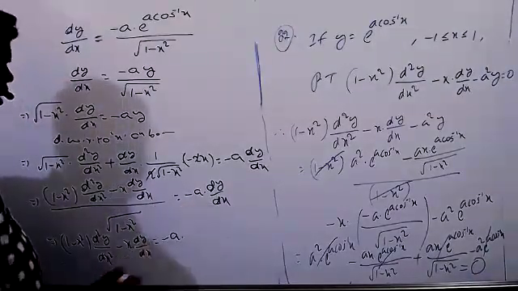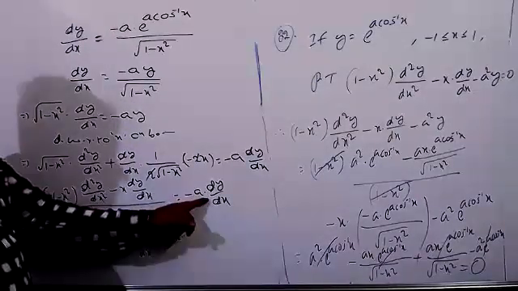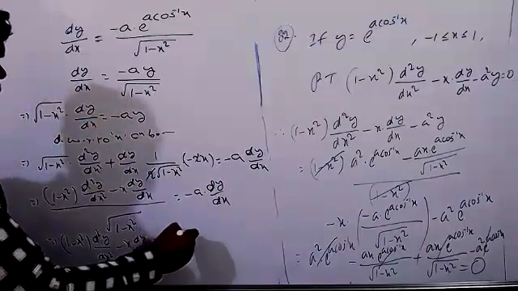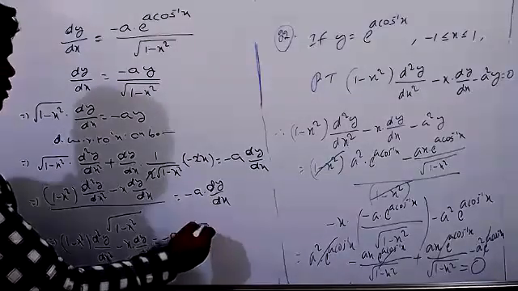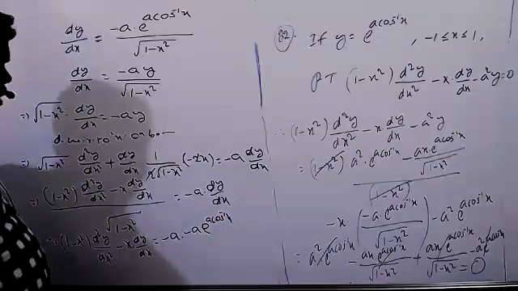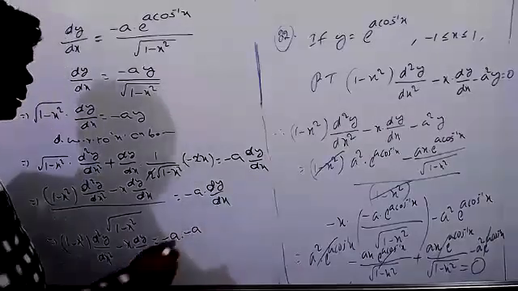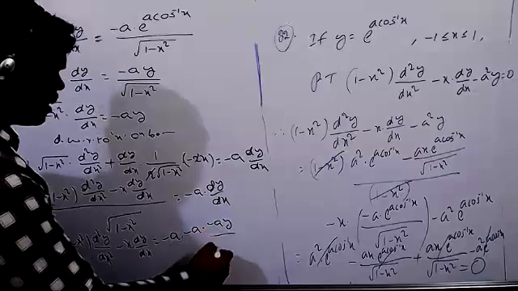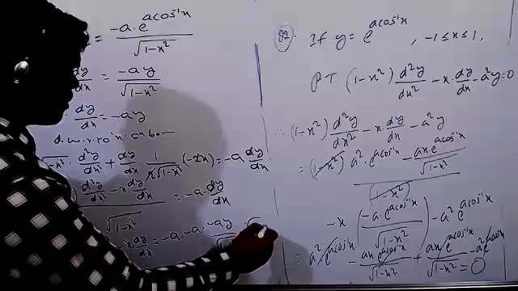Minus a into dy by dx, we got the value. The same thing you can write: minus a into e power a cos inverse of x, or else you can write y only. So minus a into minus ay whole by root of 1 minus x square into root of 1 minus x square.